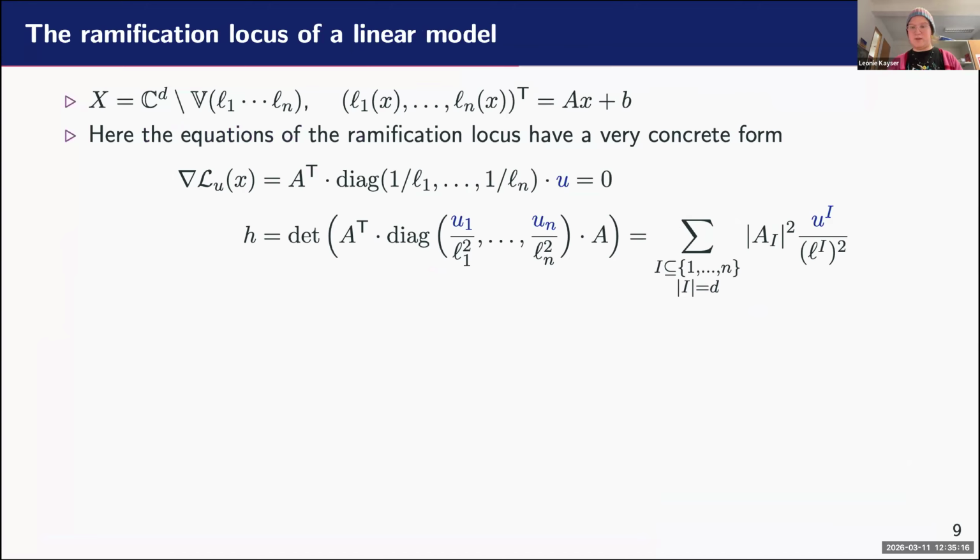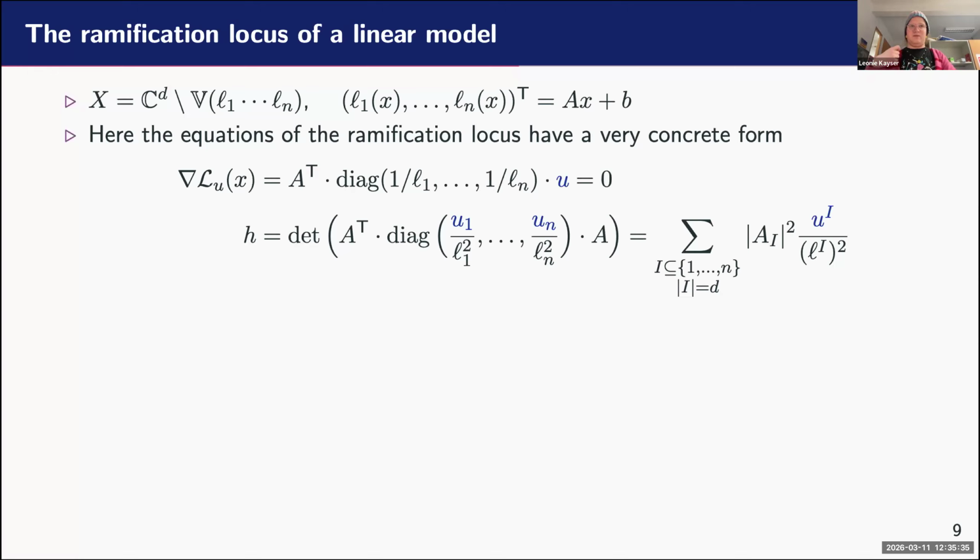And we can do some more simplifications by looking further at the equations. The gradient of L_u is just this expression, so the matrix A times a diagonal matrix of the inverses of the linear forms times u.